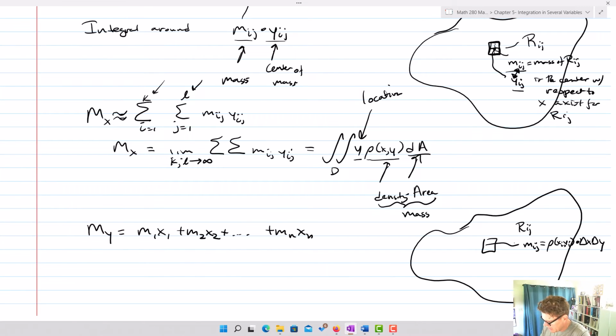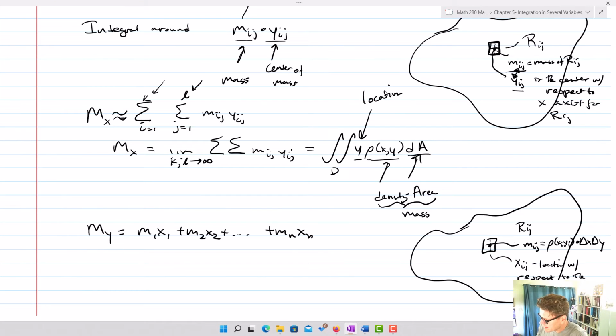But that's basically the idea. And then we've got a location now, with respect to the y-axis, and that's going to end up being xij. That's the location with respect to the x-axis.